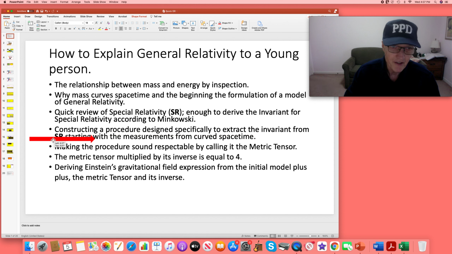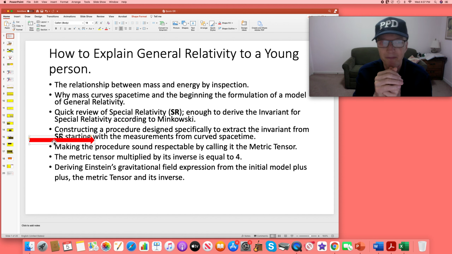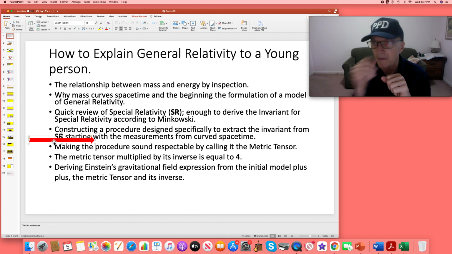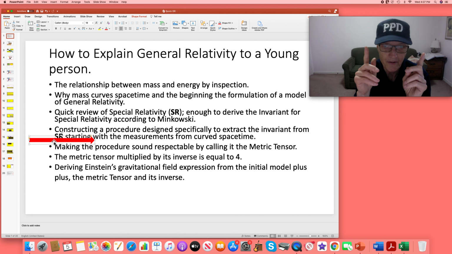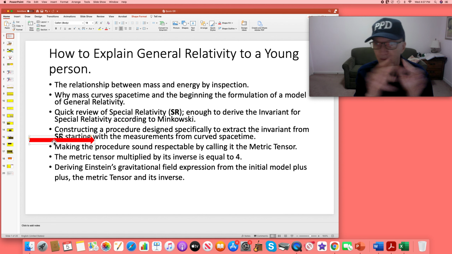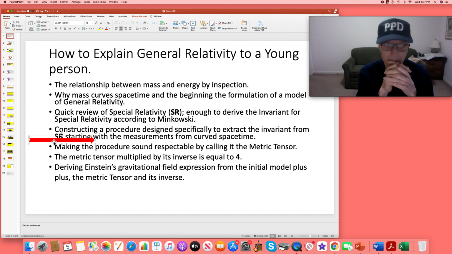They make the procedure sound respectable by calling it the metric tensor. Now, when you design the procedure to extract the same metric as special relativity out of measurements pertaining to highly curved spaces, it's very clear what you've done, and it's easy to understand.